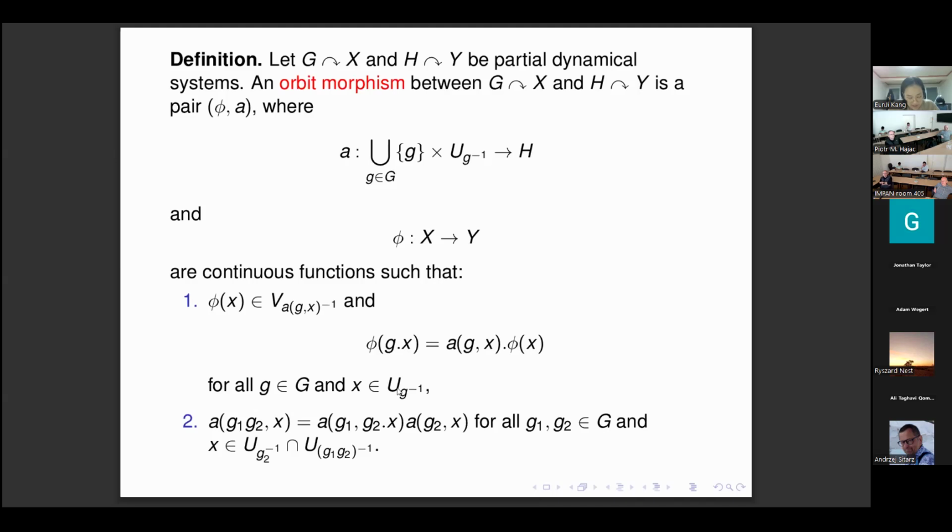And then there is a cocycle condition on A, meaning it's compatible with the multiplication in the transformation groupoid.